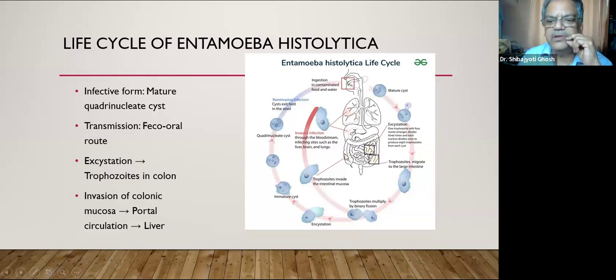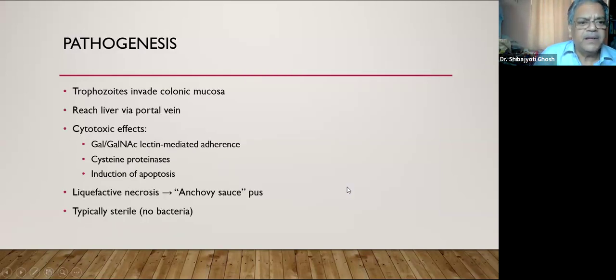From there, through the bloodstream, they reach infecting sites such as the liver, brain or lungs, and they settle in the liver, or maybe in the lungs or in the brain. So this is the life cycle of Entamoeba histolytica, and it can settle into the portal circulation and then come to the liver.